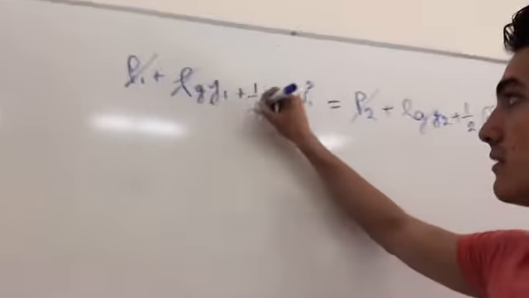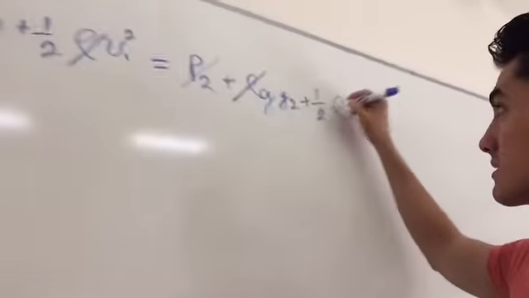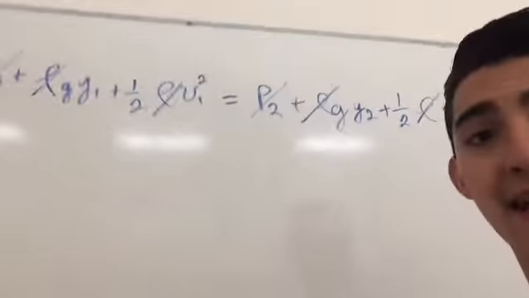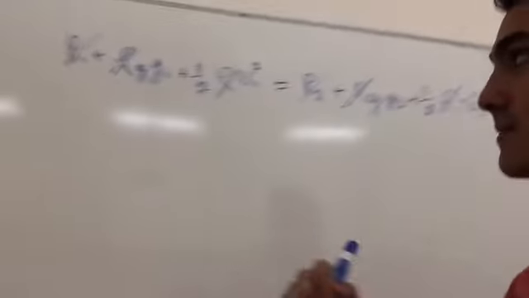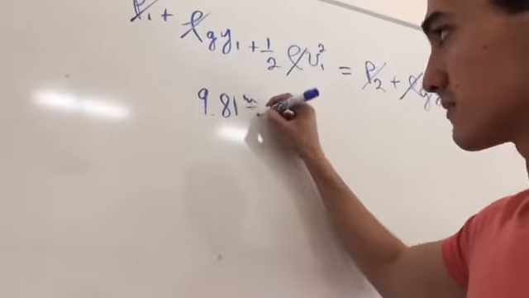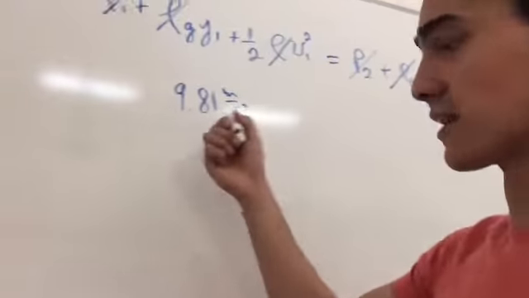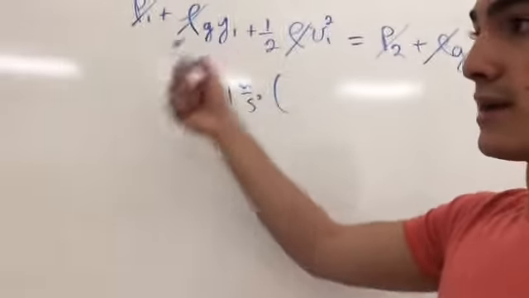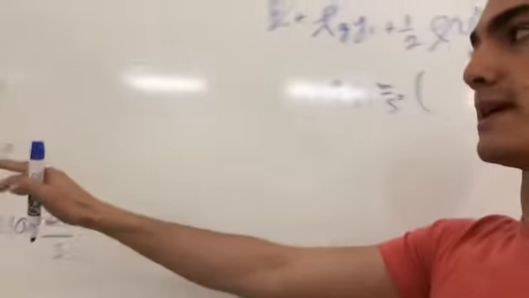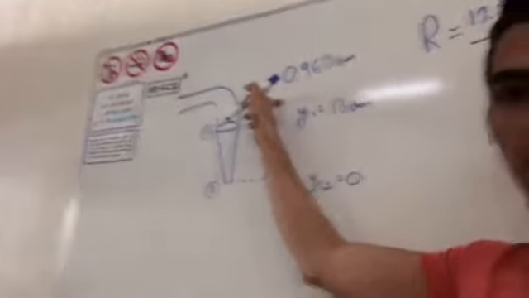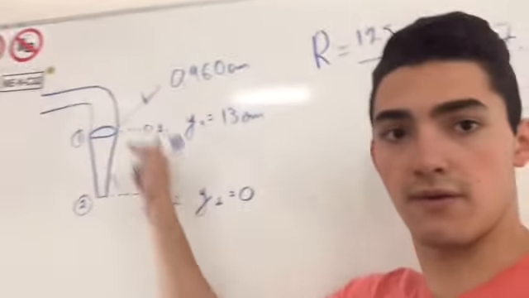Once we delete the pressure, we also can delete rho, that is the density, because it's in all the terms of the equation. And now we can substitute the gravity, 9.81 meters per second squared, times the y1, that will be 13 centimeters over the bottom of the faucet.